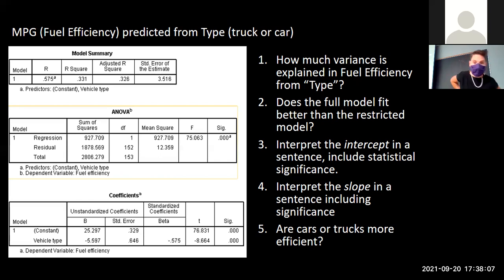Yes. Could you hear that at home? I can repeat it. Okay, so what they said is that the cars are more fuel efficient, and we know because as vehicle type goes up from car to truck, increasing by 1, the fuel efficiency goes down by 5.6. So cars are more fuel efficient than trucks.